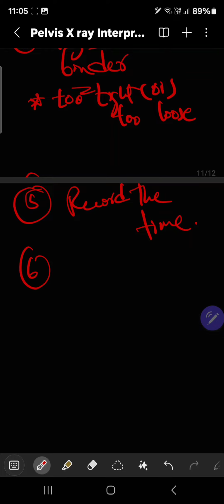And number six, after applying the pelvic binder and recording the time, you have to perform neurovascular observations.